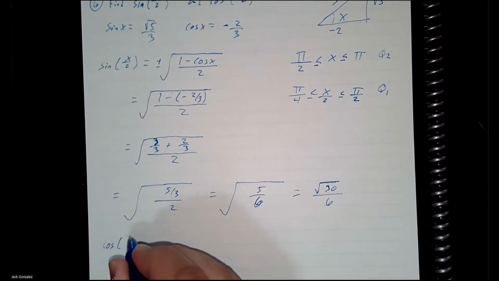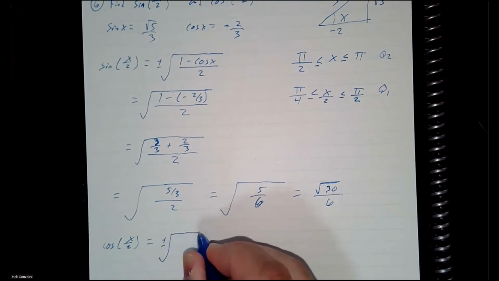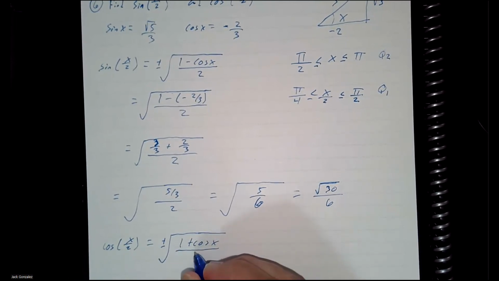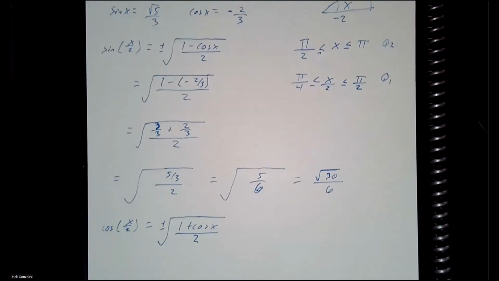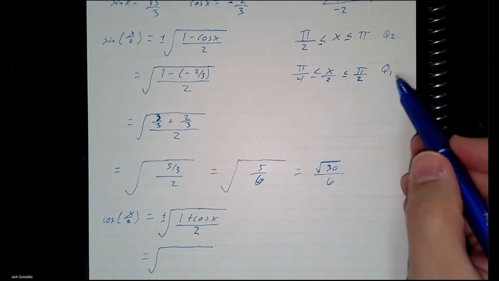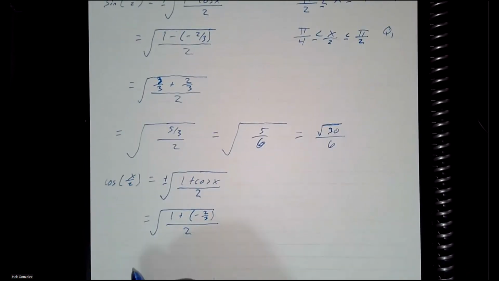Cosine x over 2, almost the same thing. Plus or minus the square root of 1 plus cosine x, over 2. Okay. So this is a positive because cosine and sine are both positive here in quadrant 1. So just add your angle, add it together.